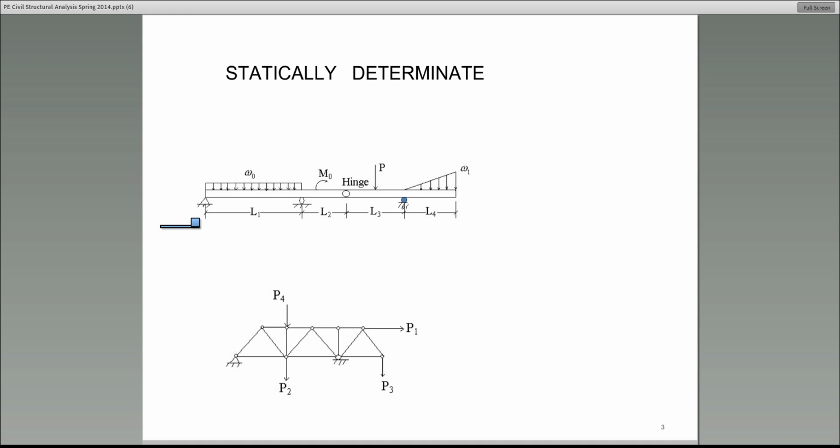That's a beam. Who can tell me, how do we decide whether a structure is determinate or indeterminate? If you could just type it in very quickly, and then we'll go from there.